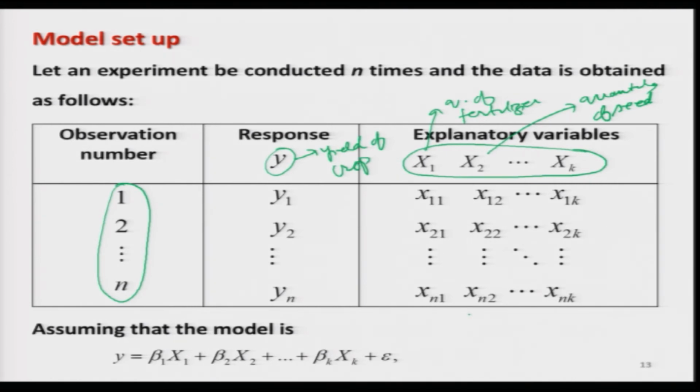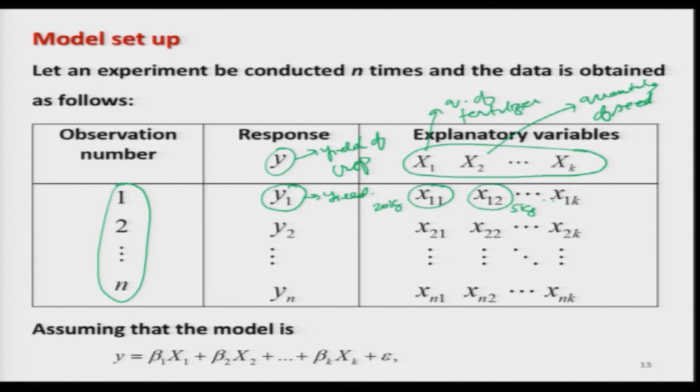You will take a plot, put some quantity of seed, say 5 kg, and then put some fertilizer, say 20 kg, and similarly take other values of the variables x1, x2, xk, which can be different variables affecting the yield of the crop. Then after some time you will obtain the yield of the crop, denoted here as y1.